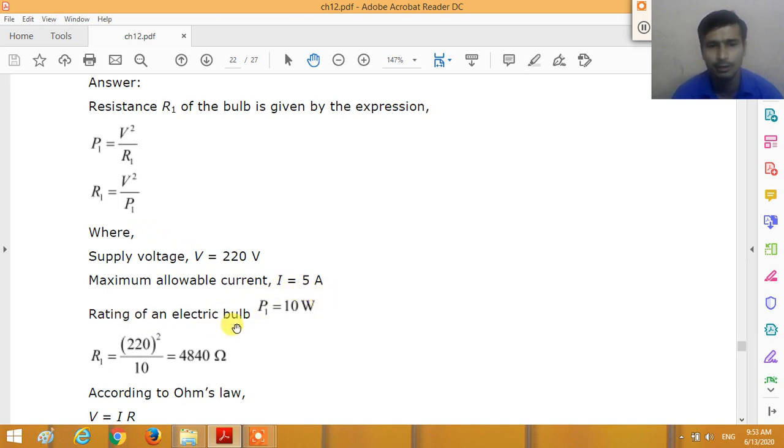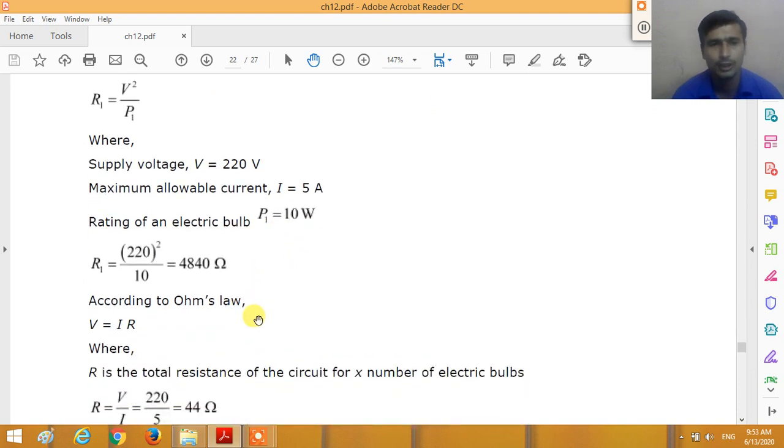The rating of the bulb P1 is given as 10 watt. So the resistance R1 we obtain, taking 220 volt and power 10 watt, is 4840 ohm. If we calculate this, we get the resistance of the bulb as 4840 ohm.